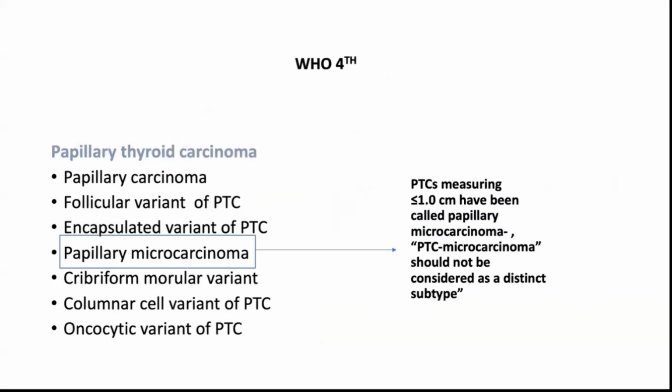There was an entity called papillary microcarcinoma. We all know that PTCs measuring less than or equal to 1 centimeter have been called microcarcinomas. But PTC microcarcinoma should not be considered a distinct subtype, is what has happened in the fifth WHO classification.